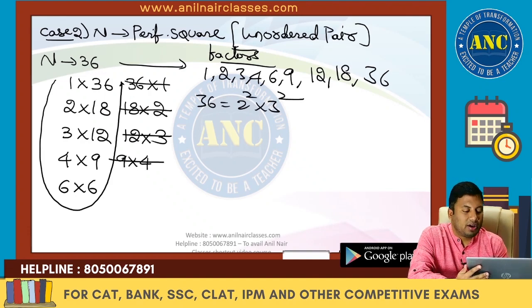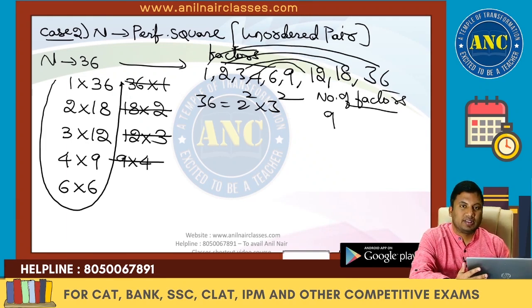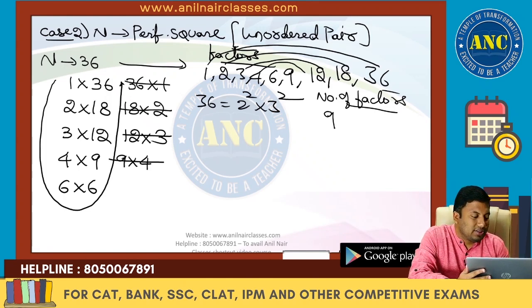Totally, the number of factors we got is 9. What are the pairs we got? First pair, second pair, third pair, fourth pair, and the remaining one is 6 into 6. 5 pairs we got.